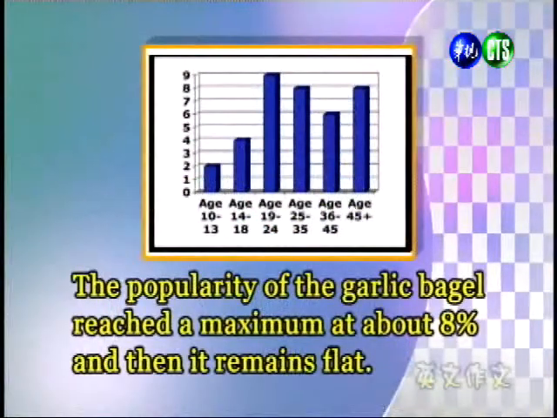All right, so now let's take a look at just the garlic bagel data by itself. 好，那我们现在来看一看单纯显示大蒜贝果受欢迎程度的这张表格。All right, and so over here, one thing that we have to be aware of when we look at this picture is the scale.